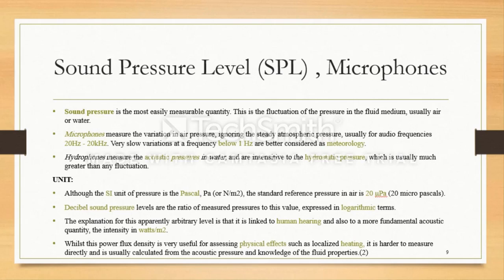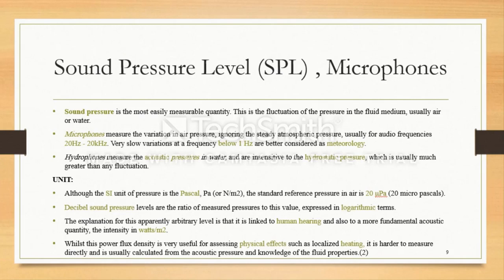For very low frequencies below 1 Hz, it is better to use meteorological instruments. Hydrophones measure the acoustic pressure in water and are insensitive to the hydrostatic pressure, which is usually much greater than any fluctuations, as we introduced in the previous slide.